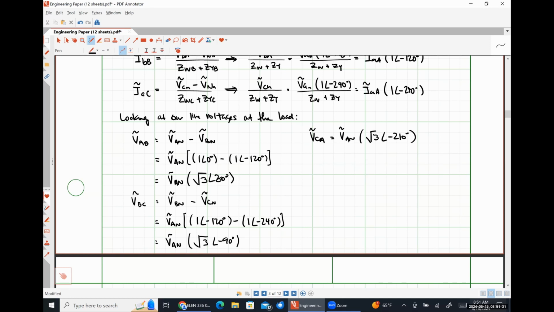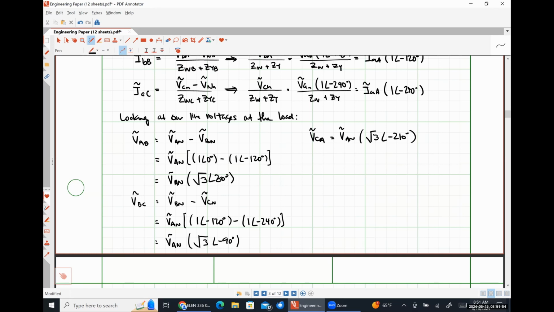So not to beat this horse even more to death, but effectively, in a balanced system, every possible set of voltages and currents will also be a balanced quantity, meaning that they will have the exact same magnitude and 120 degrees of phase separation.